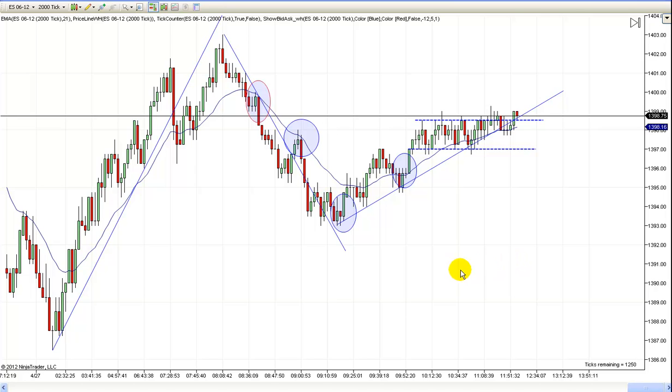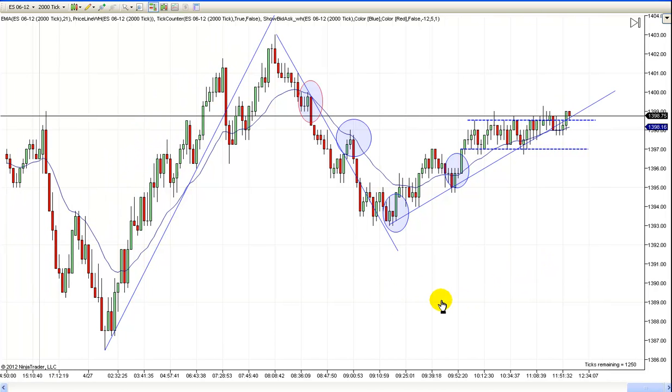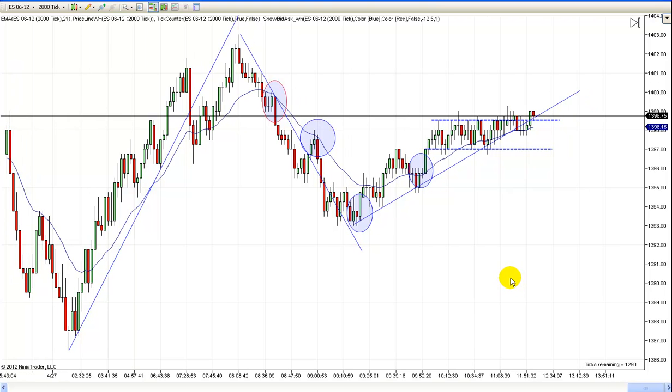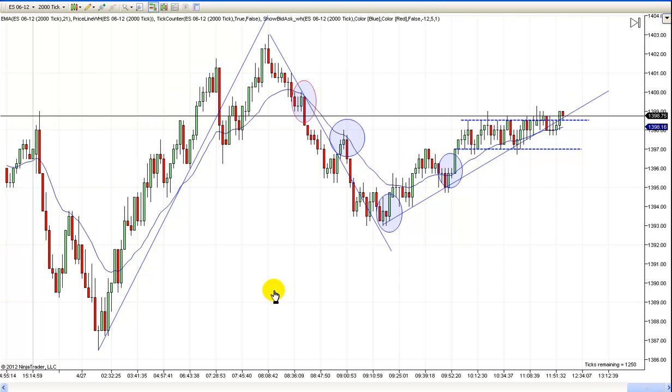If for no other reason, it's probably because enough people believe in them and trade them that they actually become a self-fulfilling prophecy, so to speak. So that's why I like a 21, because it is a nice Fibonacci number, and it does seem to give you the best location for holding the prices and giving you a clue on when prices are turning.